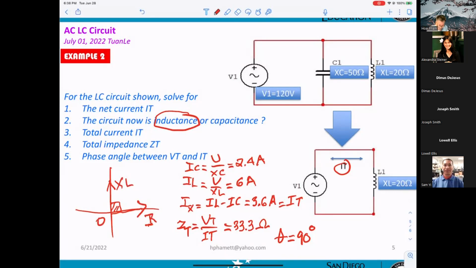Sorry, if you get only XC, XC will go this way, so it will be minus 90. That's only one. You don't have any resistance in here. If you get the resistance, you have to calculate arc tan of XL over R or XC over R, whatever. The reason we get 90 is that the circuitry has only an inductor.